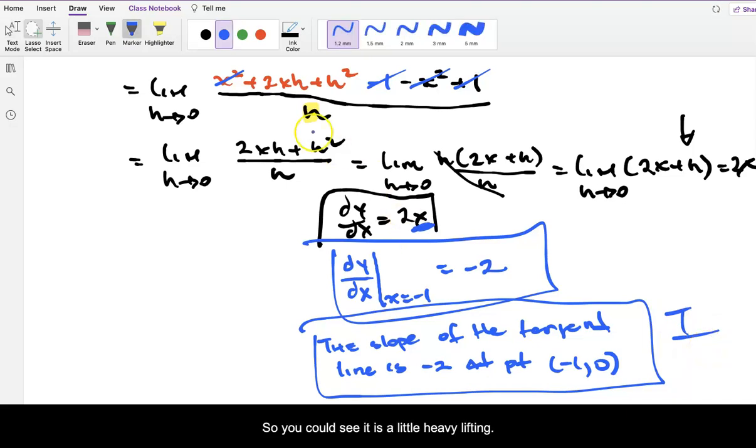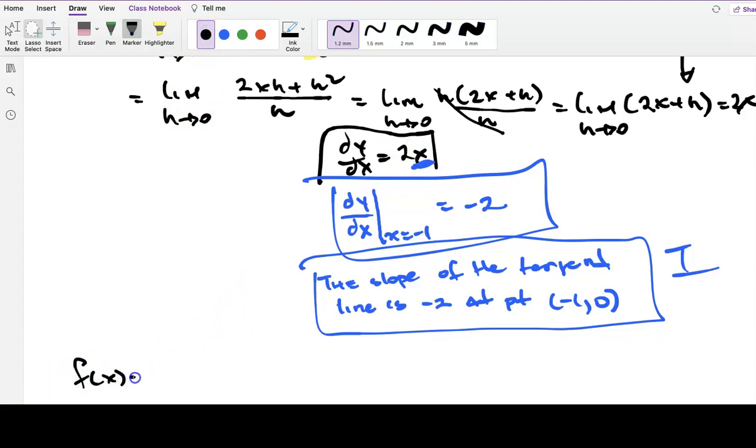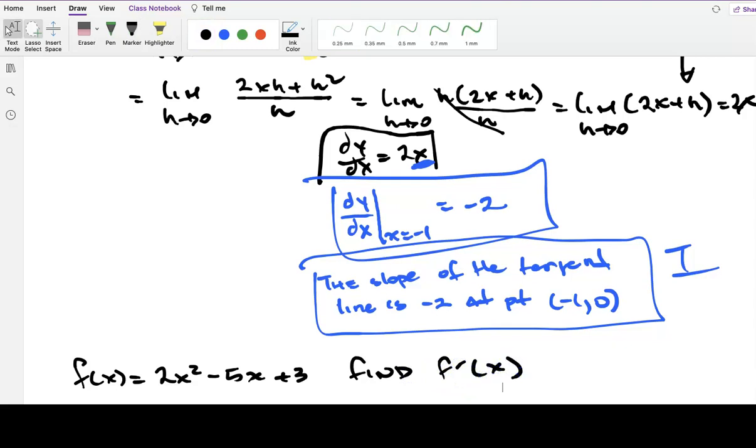And so you could see it is a little heavy lifting, right? Because what would have occurred if they gave us the function, let's say f of x equaled 2x squared minus 5x plus 3, and they wanted us to find f prime of x?